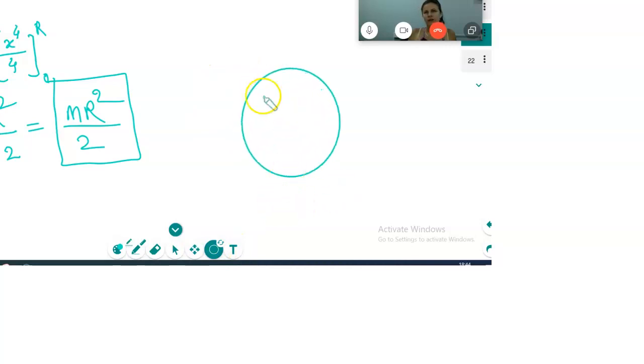We will cut this sphere and take one small thin disk. We will say this sphere is made of a thousand thin disks. Correct or not?